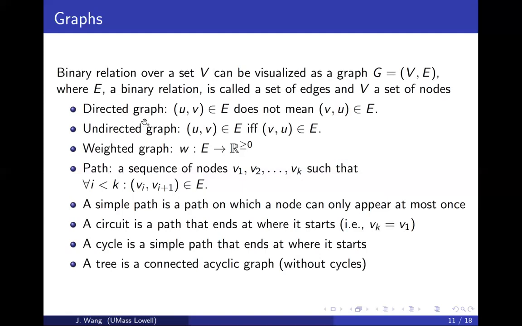So sometimes to have a better visualization, we will say U, so this is a node, and then U to V, we use an arrow to indicate this is directional. So this is V.